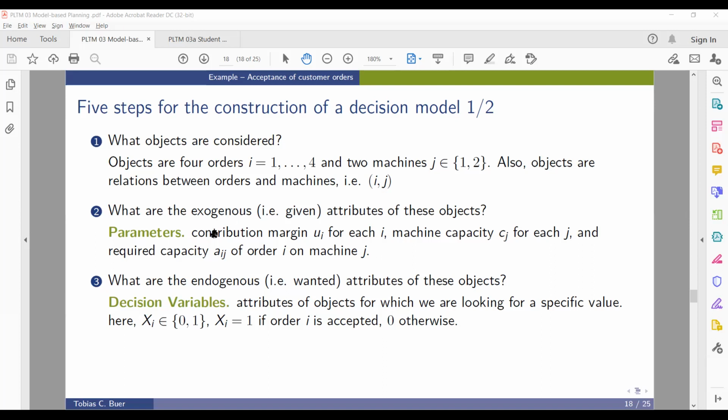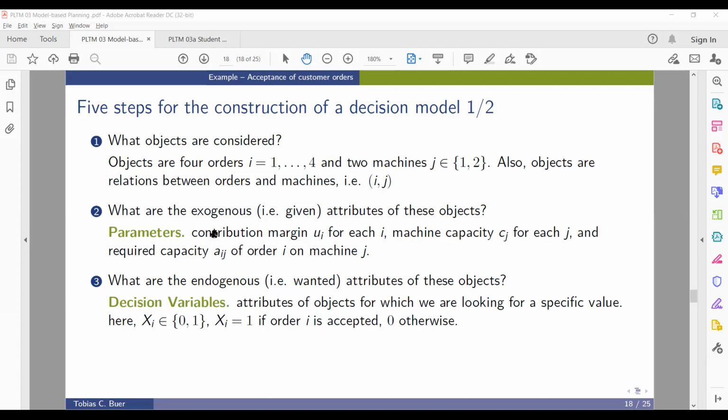We have the parameters contribution margin, so everything basically that's shown in this table. We have the contribution margin for each order, we have the available machine capacity, and we have the required capacity that we need to manufacture one order on one machine. These are the given data, the given attributes of the objects.